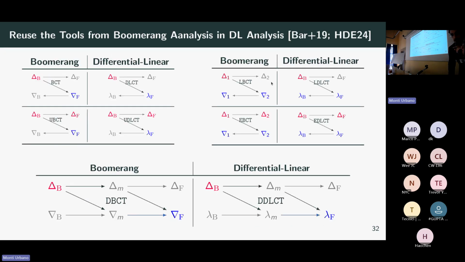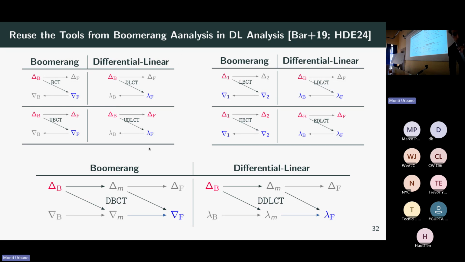In EuroCrypt 2019 and in Crypto 2024, some kind of links between the boomerang tools and the differential linear tools were discovered that are represented in this slide. As you can see, for each table in boomerang, we have its alternative in differential linear.